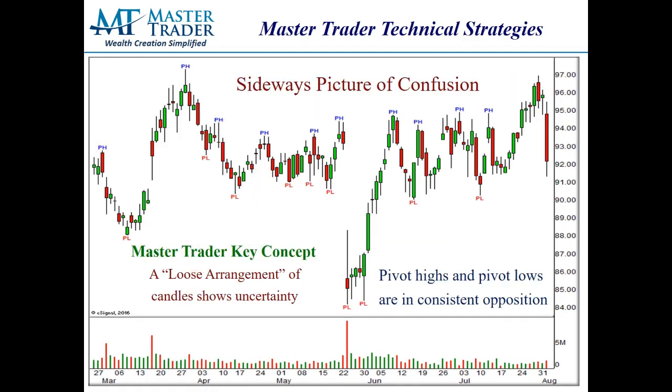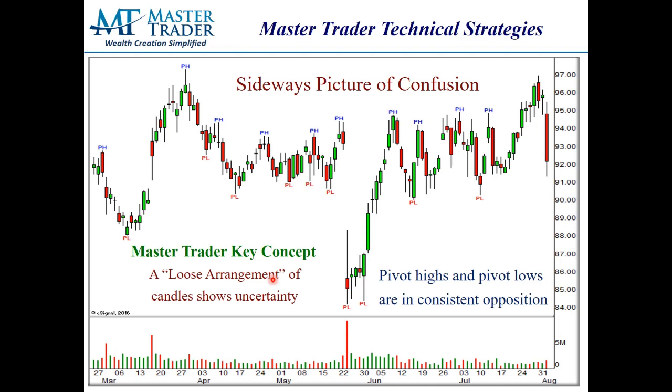So here we have pivots moving up and down, sideways. You have a lot of highs and lows intersecting each other and chopping back and forth, what we call a loose arrangement of candles showing uncertainty. So the pivot highs and lows are in constant opposition of each other. What do we do? Stand aside, of course.